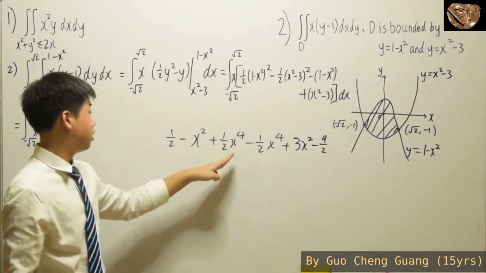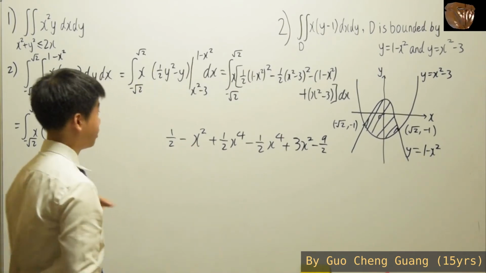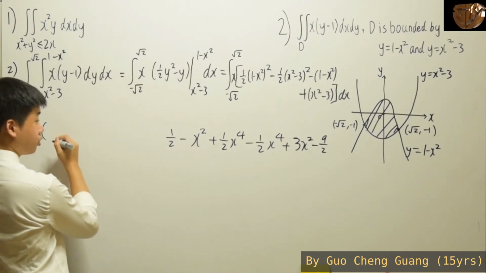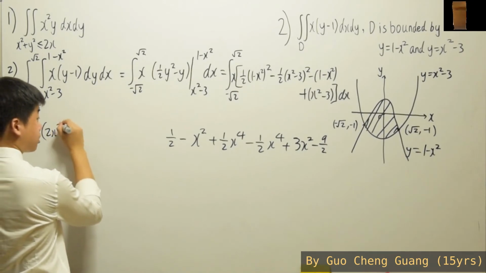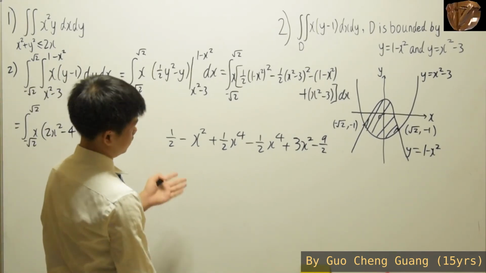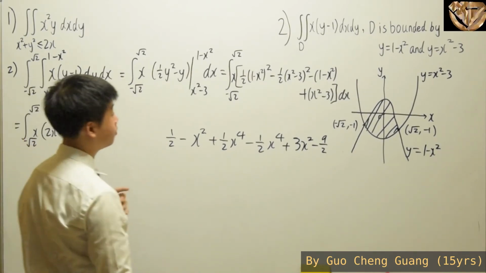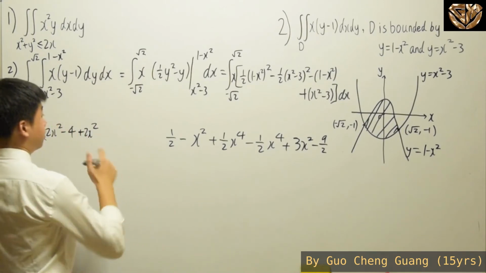Realize the terms of x to the power of 4 would actually cancel out, and you just add the others. So you're going to have 2x squared minus 4. And for the next two terms, plus 2x squared and then minus 4.